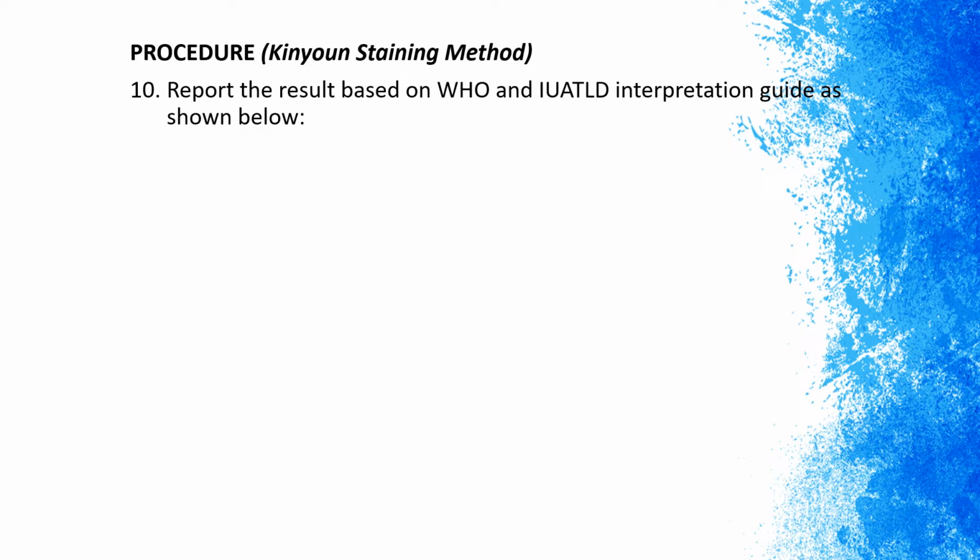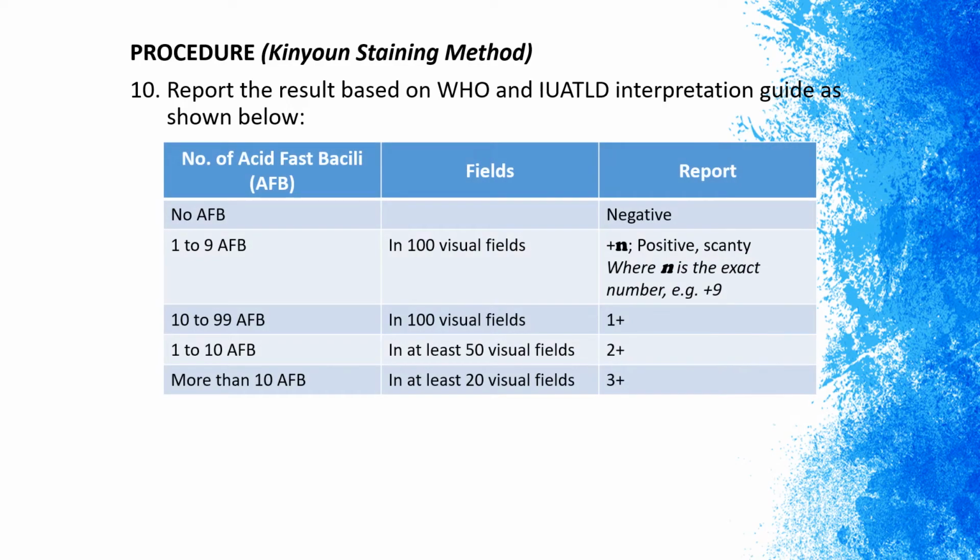Report the result based on the World Health Organization and IUATLD interpretation guide as shown below. If there are no AFB, it is reported as negative. But if you are able to count 1 to 9 AFB in 100 visual fields, it is positive, scanty, and is reported as plus n, where n is the exact number counted.